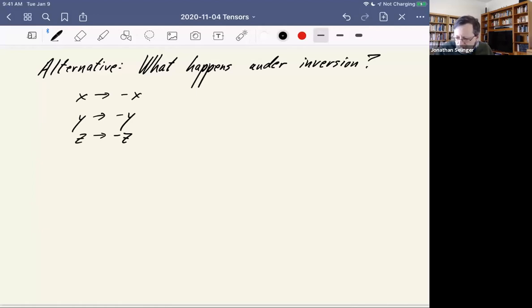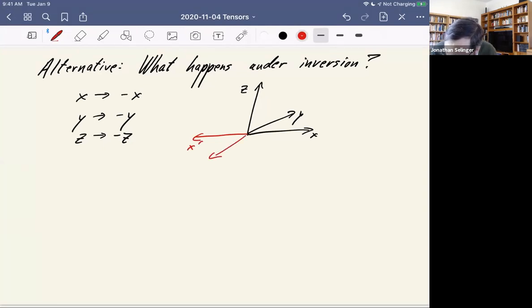And so, the original coordinate system is x, y, z, and then the new coordinate system is going to be x prime is negative x, and y prime is negative y, and z prime is negative z.